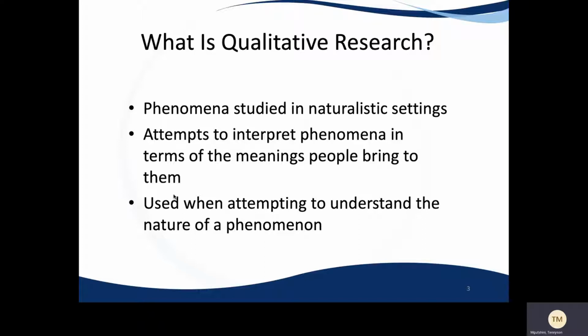We basically study things in the space where we find them. We also attempt to interpret phenomena in terms of the meanings that people attribute or extract from that phenomena or that concept that you're interested in. And of course, qualitative research is used specifically when attempting to understand the nature of a specified phenomena.